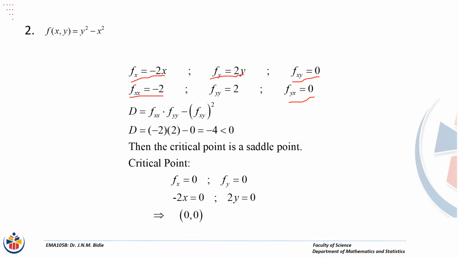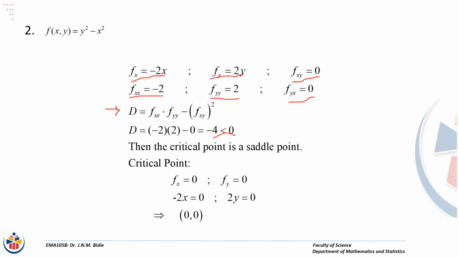Then find the second derivatives and then thereafter substitute into D: fxx times fyy minus the mixed derivative squared. We got here -4, which is less than 0.